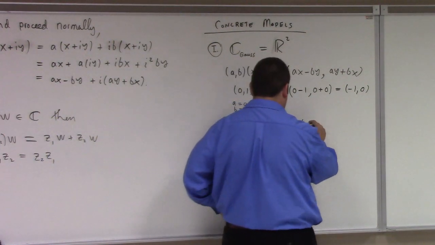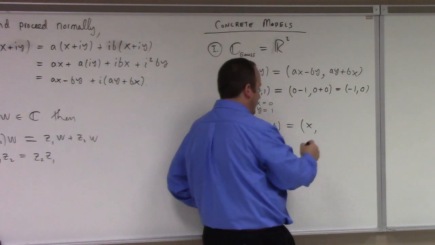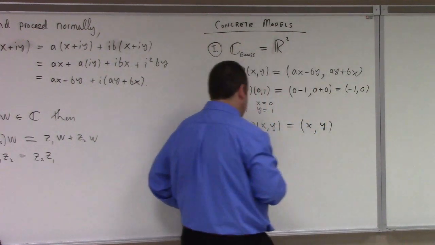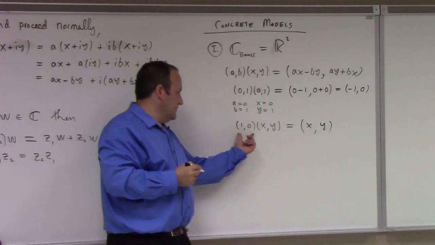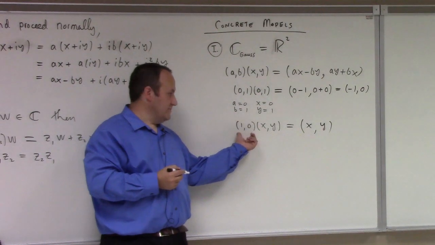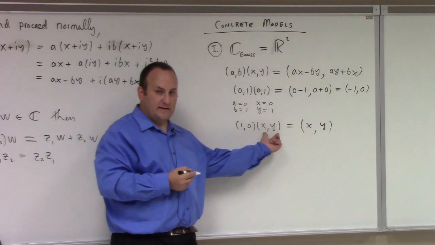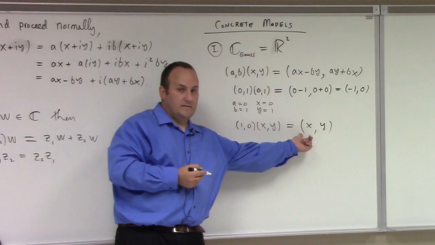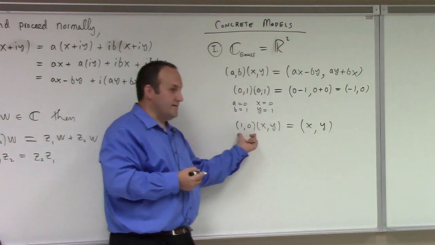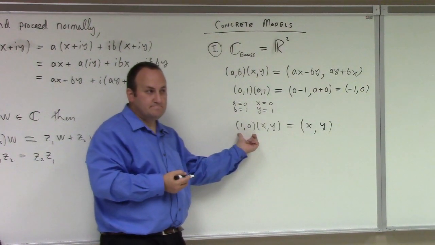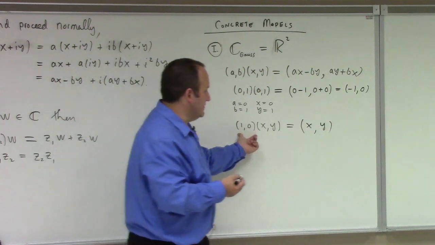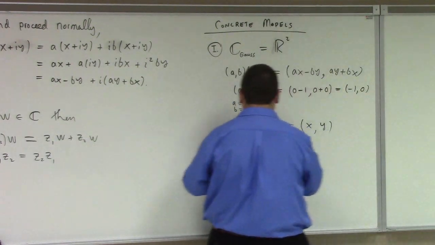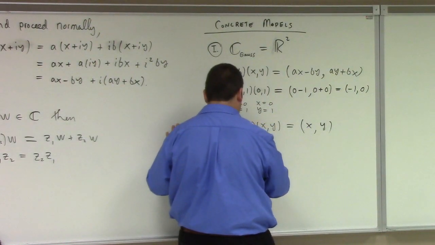X, and then y, right? So in other words, the vector 1, 0, when multiplied by any other vector in the plane, gives you back that same vector, right? That means that this pair is behaving like the number 1, right? And so you can identify that if you call this thing 1, quote unquote.